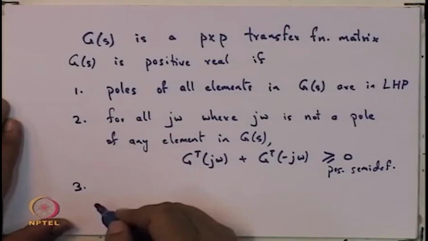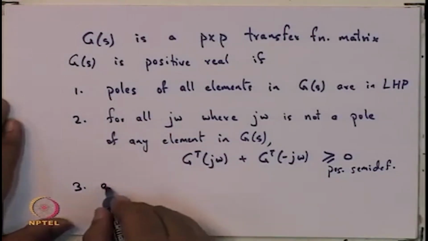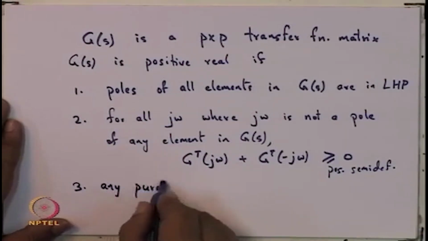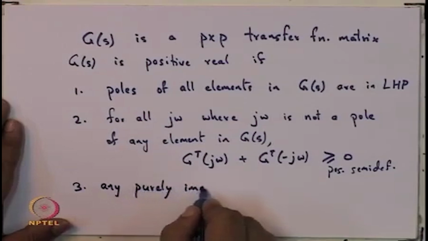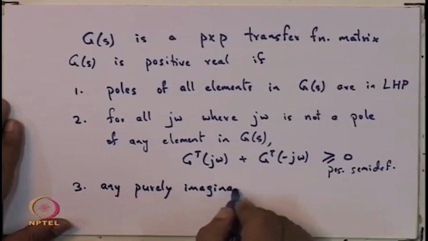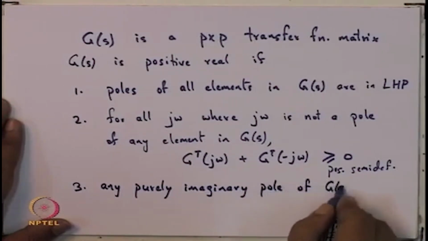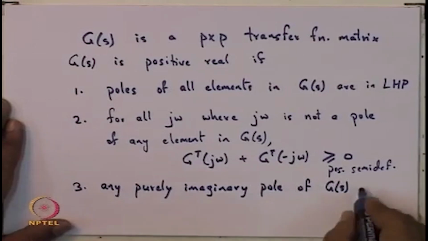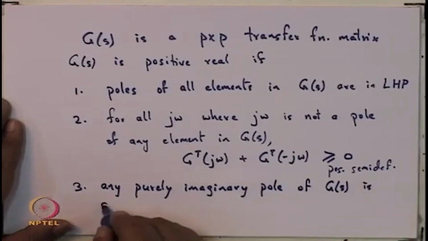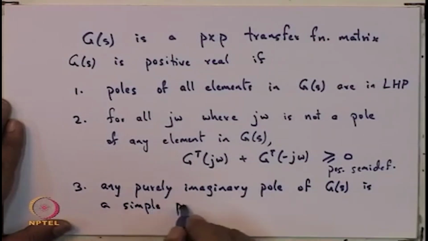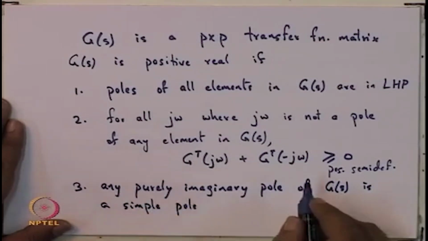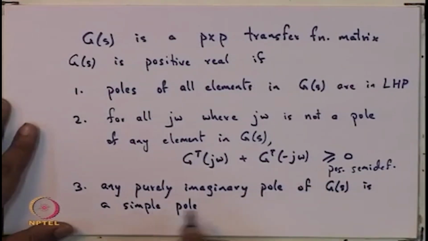The third condition is that any purely imaginary pole of G of S is a simple pole. Okay, is a simple pole.